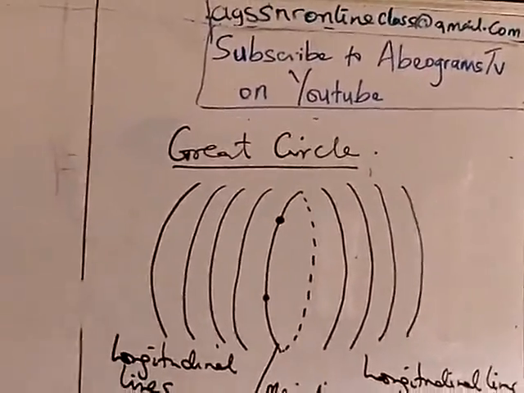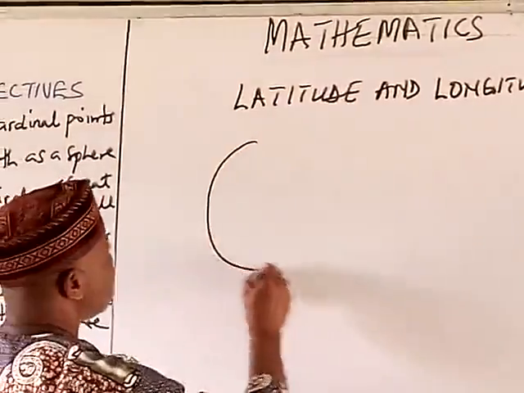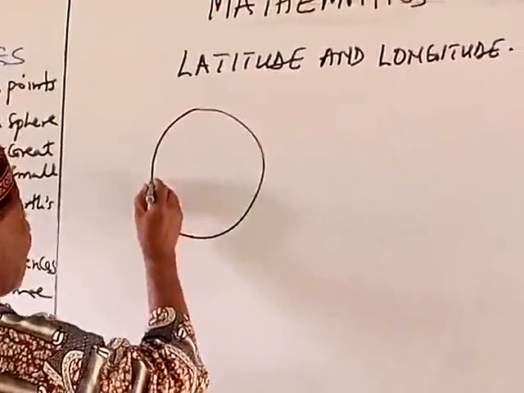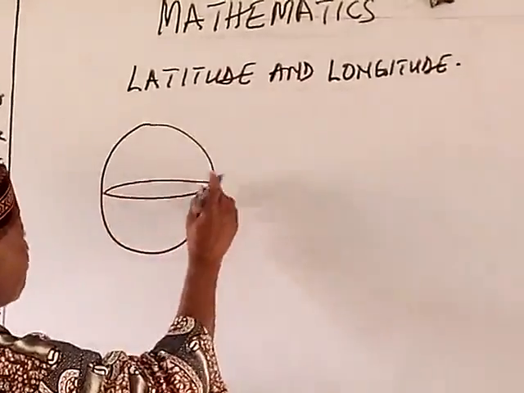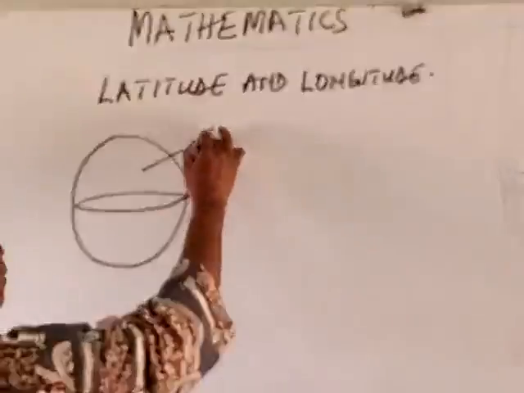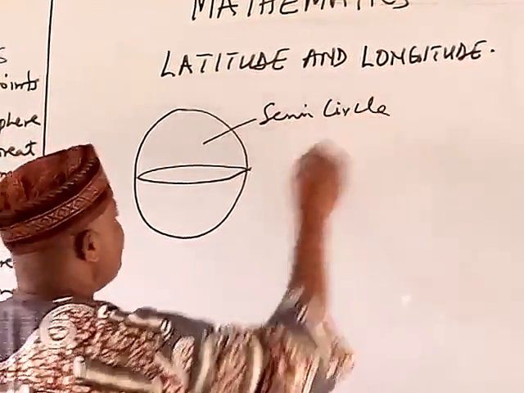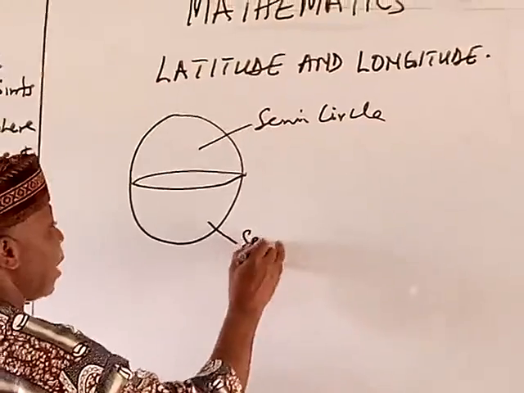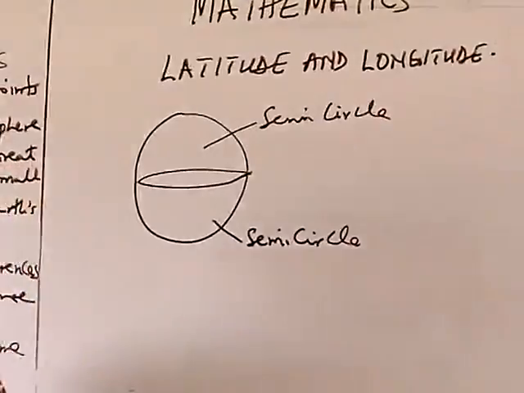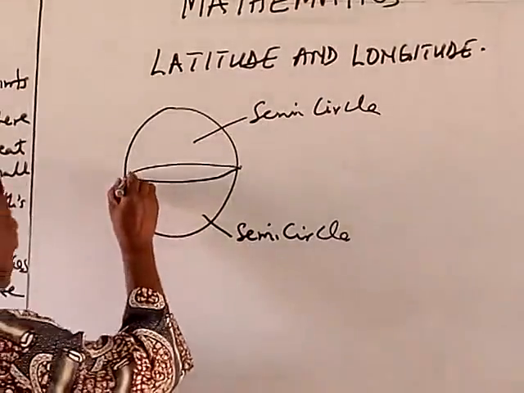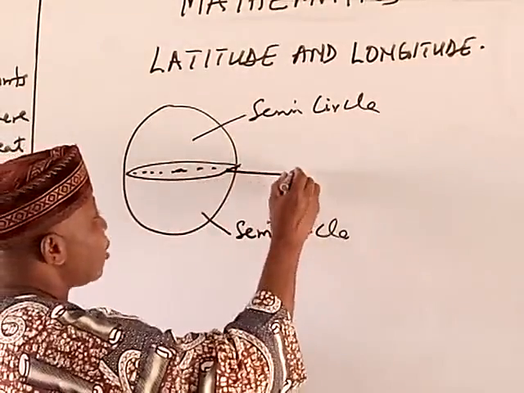By the time you cut it into two parts horizontally, this is a semicircle. This is another semicircle. We also call it a hemisphere. And this particular line, this is the center. This particular line is called the equator.